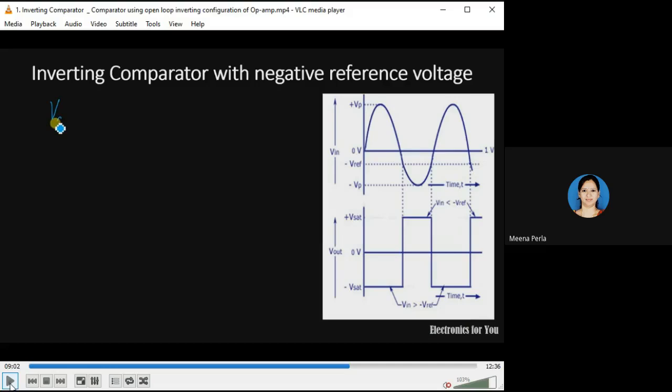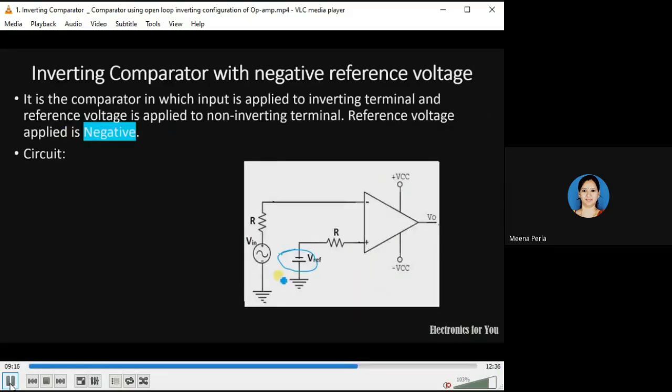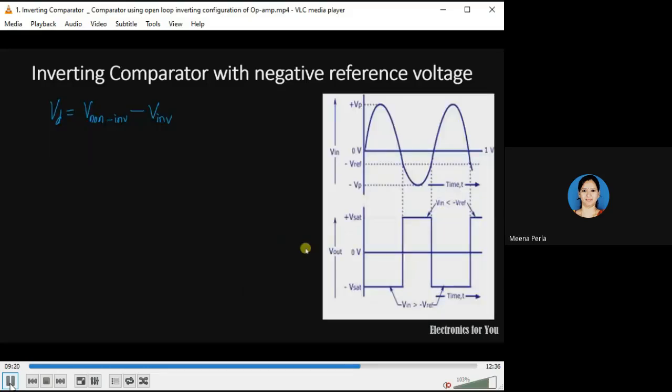So now VD is equal to the voltage at the non-inverting terminal minus the voltage at the inverting terminal. The voltage at the non-inverting terminal, you can see, is the reference voltage with negative sign. So we can write it as V reference minus V in.